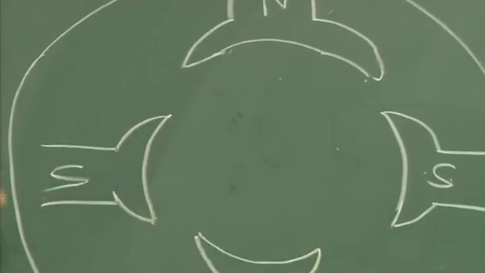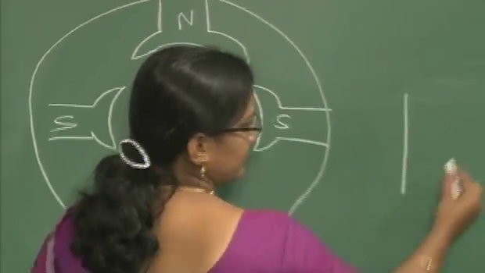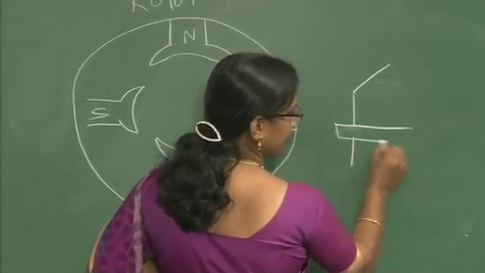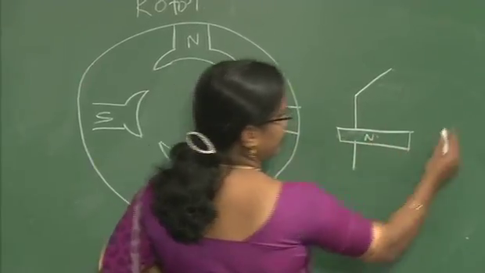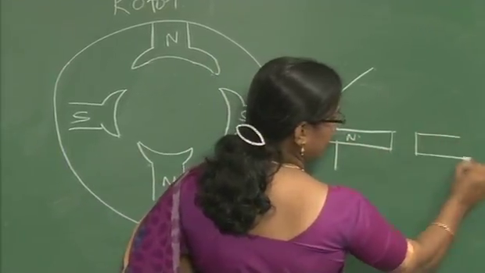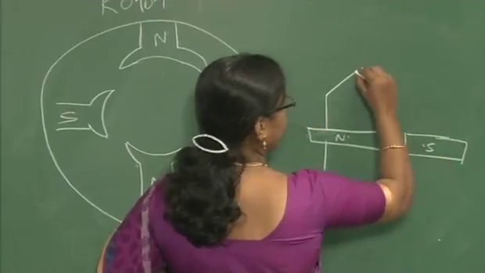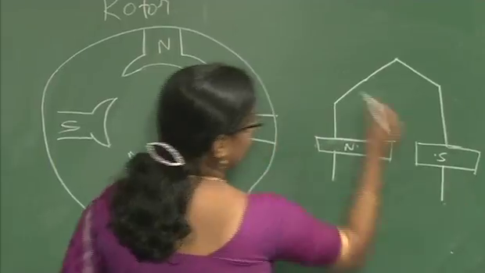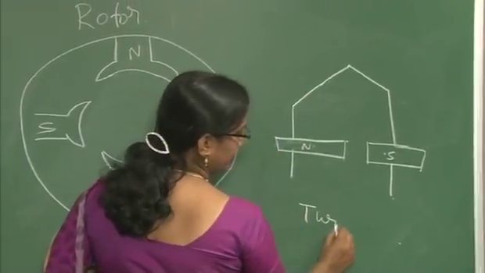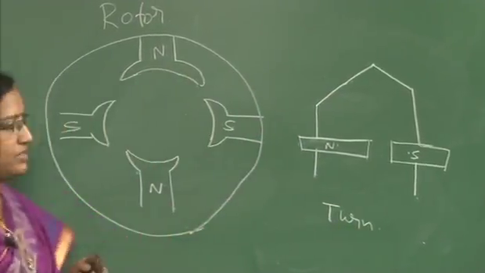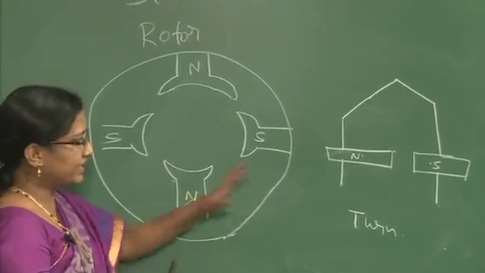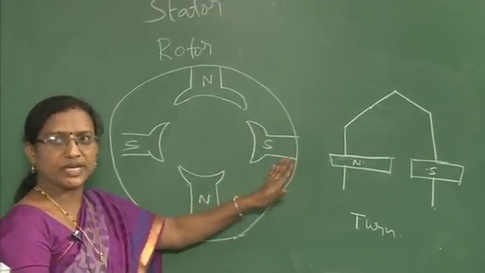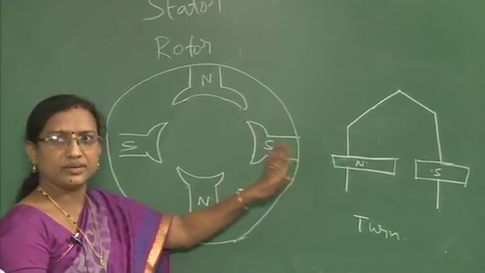That you are going to consider as one turn. So this is how you are going to form the windings. Later I will explain what the different types of connections of these windings are. There are two types, one is lap winding and another one is wave winding.